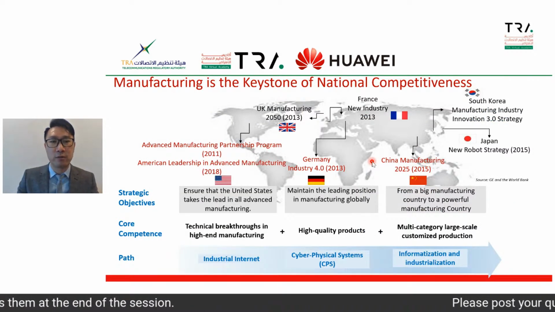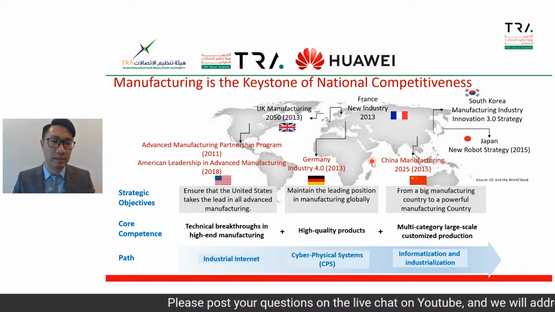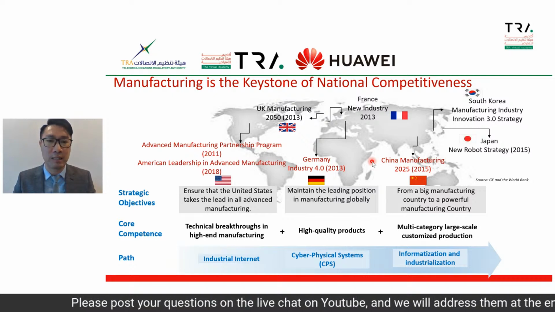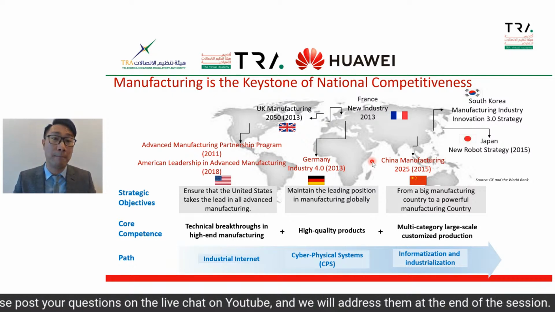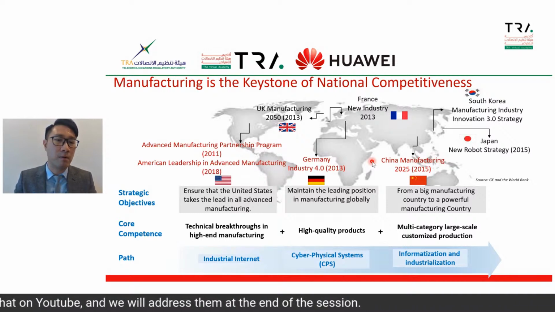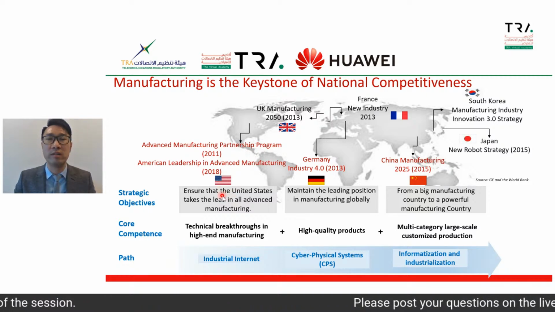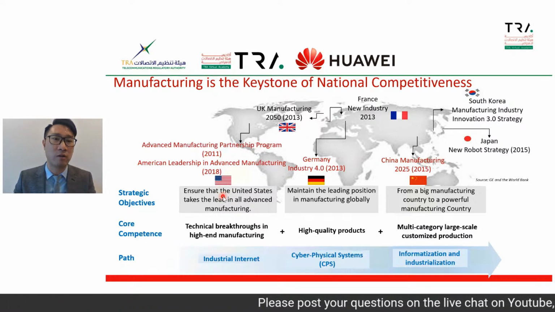So different countries actually have different targets, and this slide shows that the world's major manufacturers have their own targets. For example, for the US, they want to take the lead in advanced manufacturing, so they don't really pay attention to those low-level manufacturing.